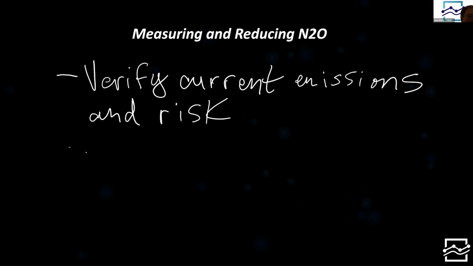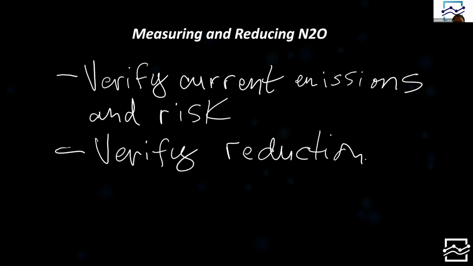The other reason we want to be measuring and reducing is because we want to verify what the reduction is. So if we're measuring before we implement recommended control actions, we get to see what the current emissions are. But then if we continue to measure, we can measure after implementing recommended control actions, and then we'll be able to verify what the reduction is based on physical measurements.